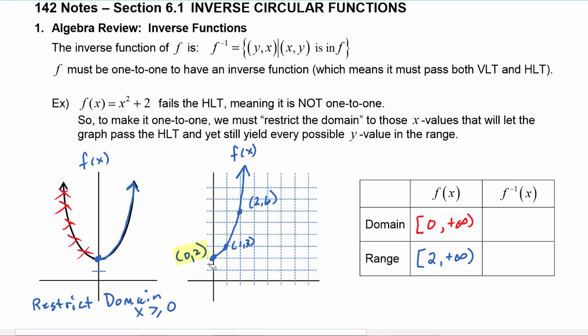So instead of 0, 2, we would have 2, 0. Instead of 1, 3, we would have 3, 1. And instead of 2, 6, we would have 6, 2.